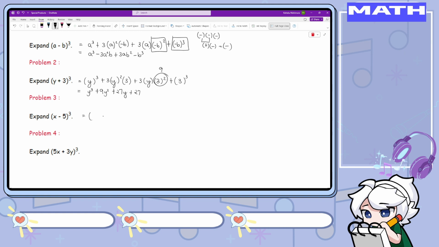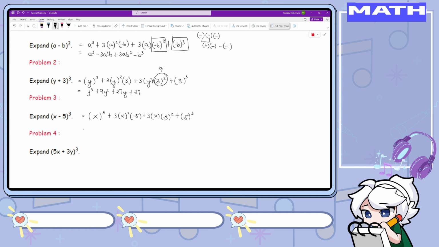Let's have this third problem, wherein again, I suggest that you do the template. Just cube the first term, plus 3 times the square of the first term and the second term, plus 3 times the first term times the second term squared, plus the cube of the last term. So put all the first terms here like this, and the second term on the remaining ones like here.